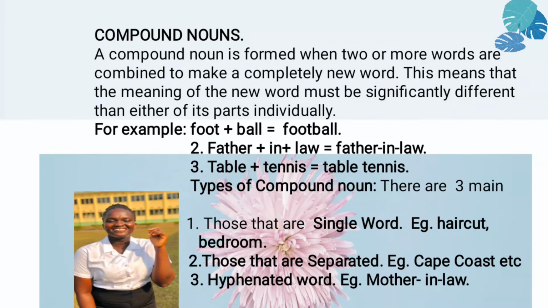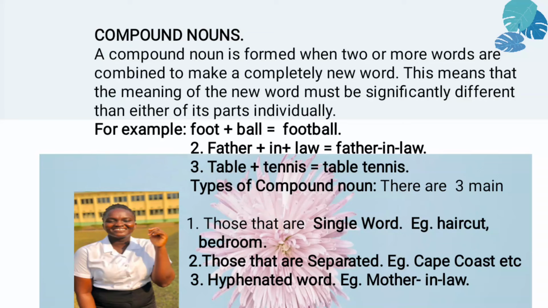Another kind of noun is the compound noun. A compound noun is formed when two or more words are combined to make a completely new word. This means that the meaning of the word must be significantly different from either of its parts individually.